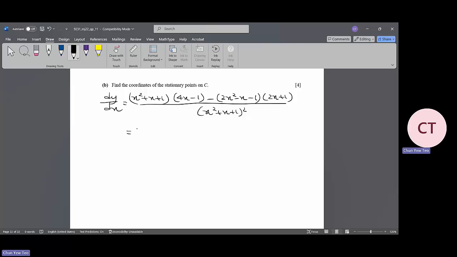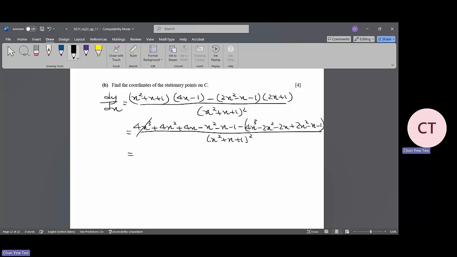So simplify it, you will get 4x cubed plus 4x squared plus 4x minus x squared minus x minus 1 minus 4x squared minus 4x cubed minus 2x squared minus 2x plus 2x squared minus x minus 1, divided by x squared plus x plus 1 squared.